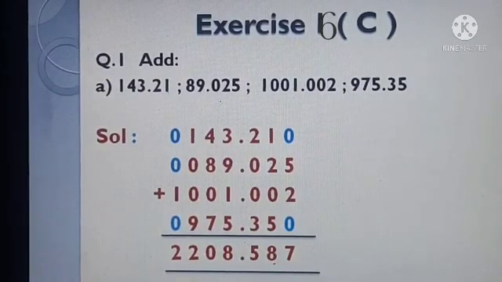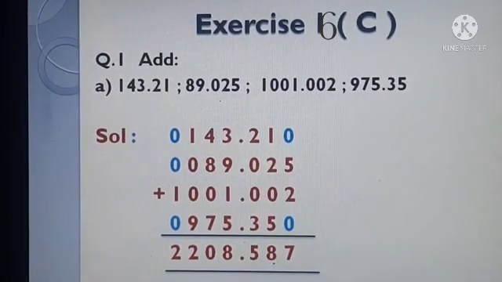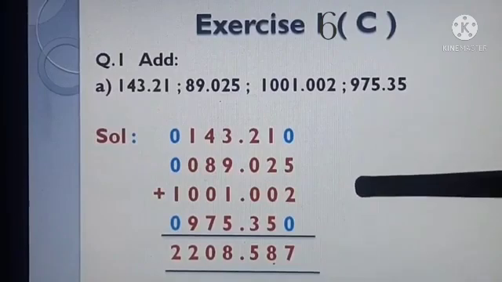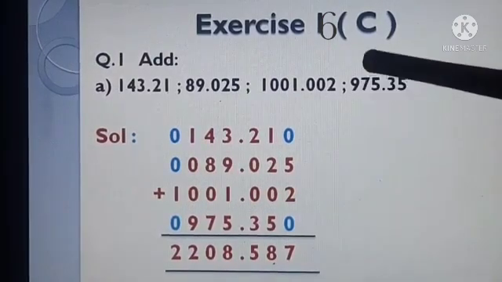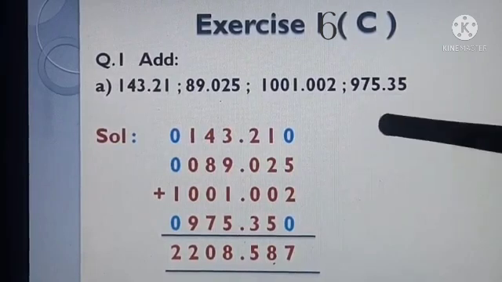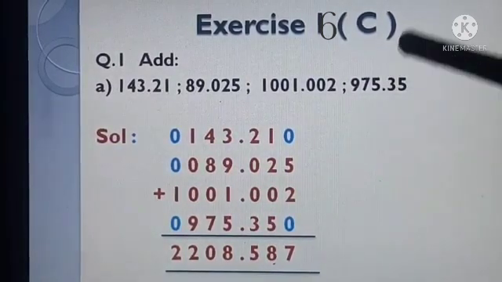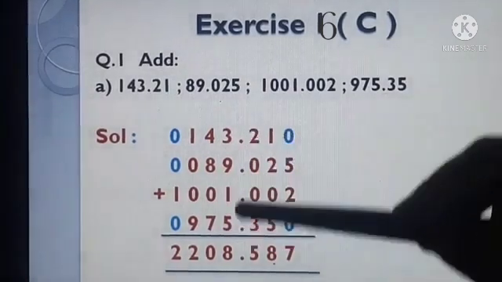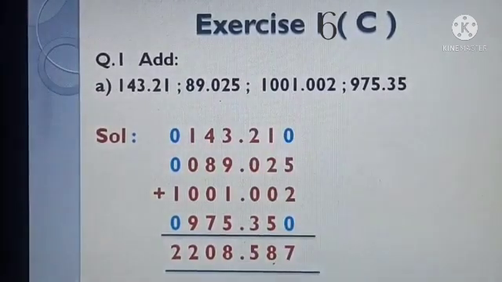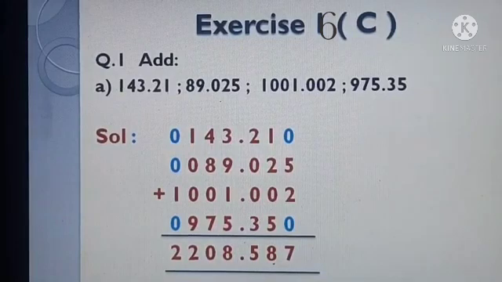We have to do addition of all these given numerals. So, how to start the addition? We will write the digits of the given numbers one below the other such that all the decimal points are in the same vertical line. Decimal should be in the same vertical line. In this way we have to write down the numbers.